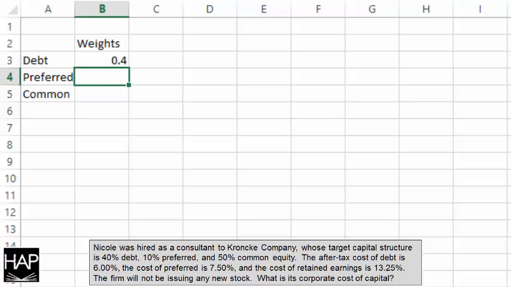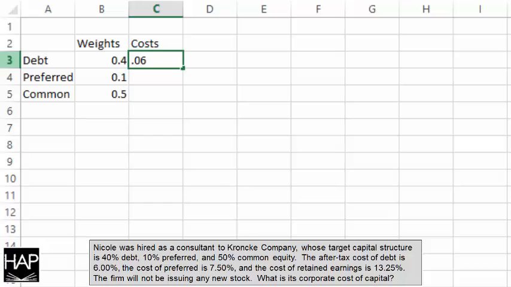The weight of the preferred was 10%, and the weight of the common was 50%. I also have the costs of each source of capital. The after-tax cost of debt is 6%, again expressed as a decimal. The cost of the preferred is 7.5%, and the cost of the common is 13.25%.